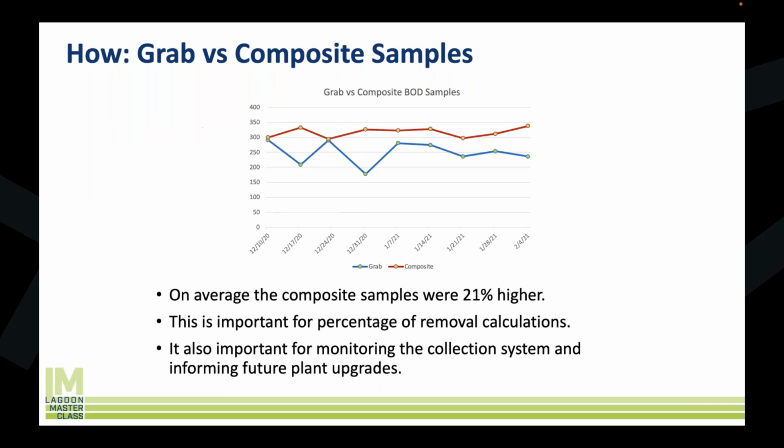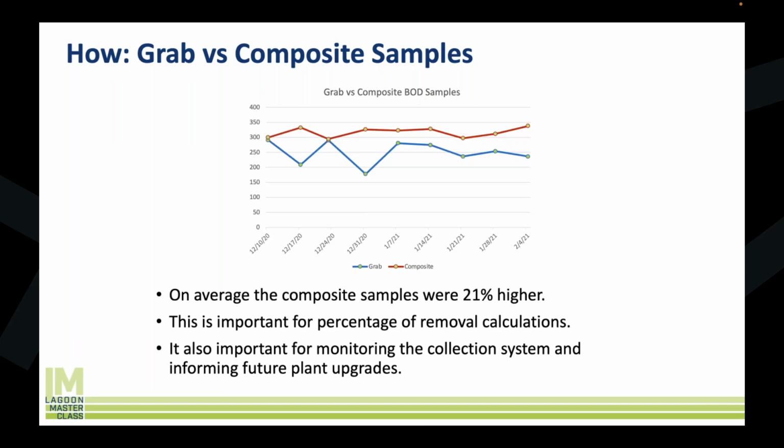One of the things that I think, at a very bare minimum, is critical about sampling and the method you choose is that if you're going to do an influent sample, I highly recommend that it is a composite sample, not a grab sample. Here's why. This is some real data from a facility where they were taking composite samples and grab samples.